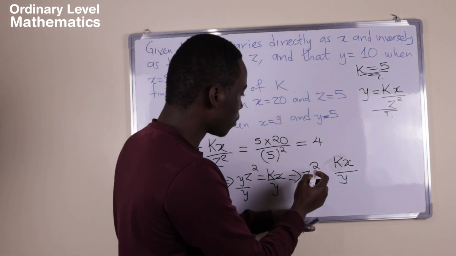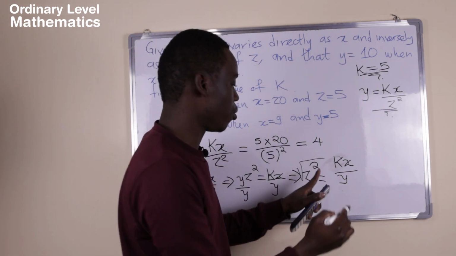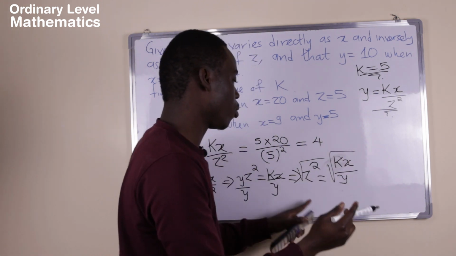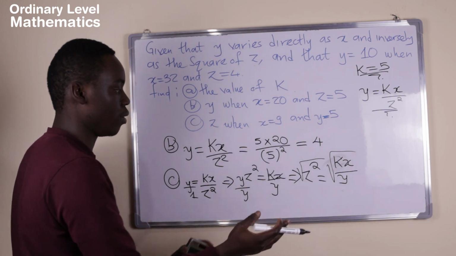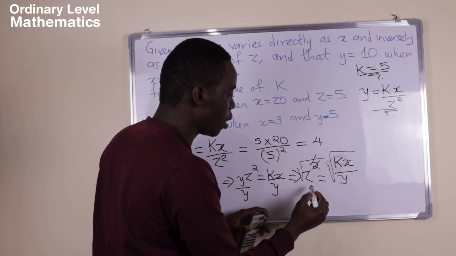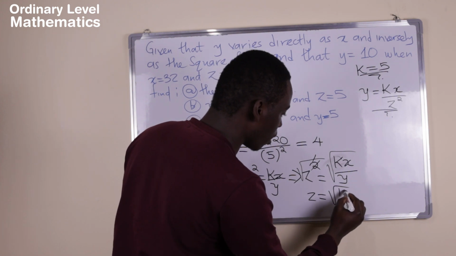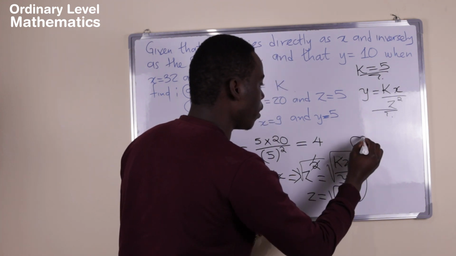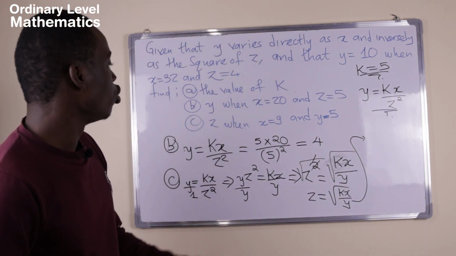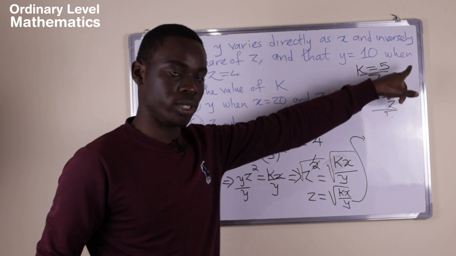Now here, since we've got the square, we just have to find the square root of this. What you've done on the left hand side of the equation should also be done on the right hand side of the equation, and this will cancel. Hence we remain with z, which is equal to the square root of kx over y. Now how do we find the value? All we have to do is replace what we've been given, keeping the constant variation, which is 5.